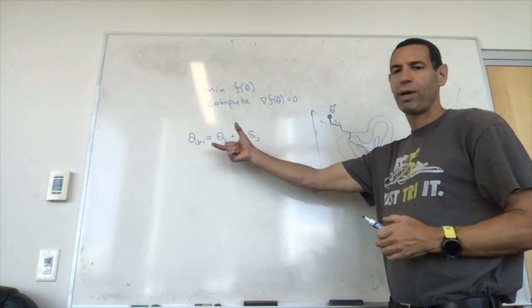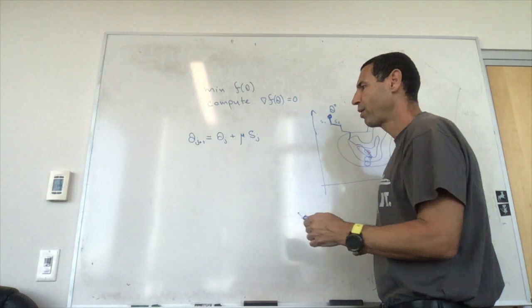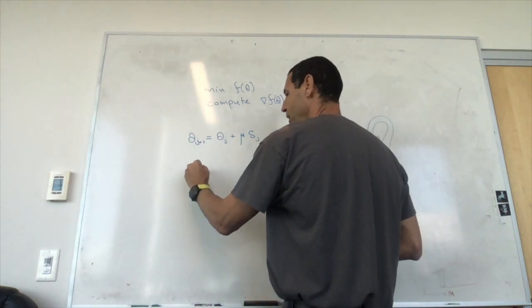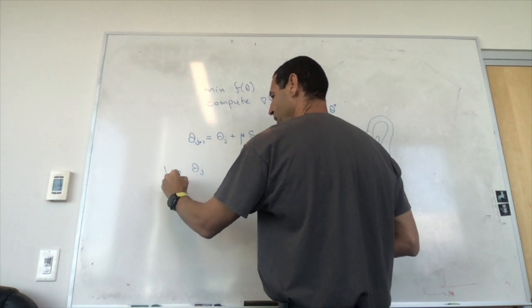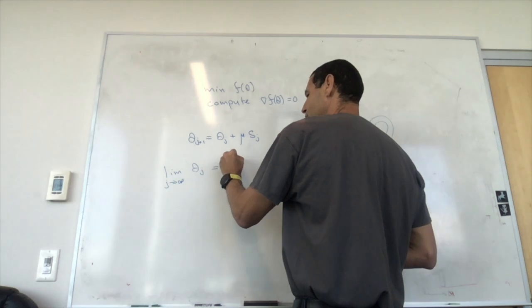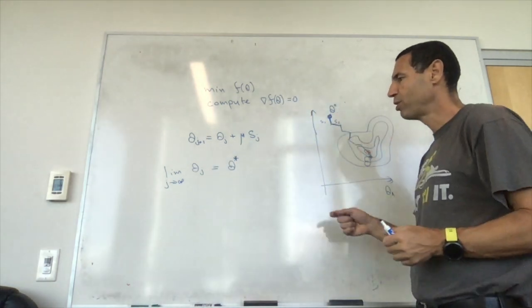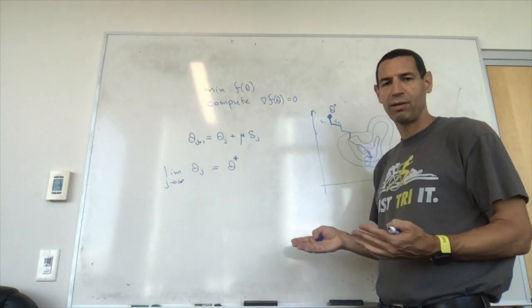We're going to have an iterative process like this, where the limit of theta j as j goes to infinity will equal theta star. That's what we really want to have: an iterative process like this that, when it's all done, is converging.